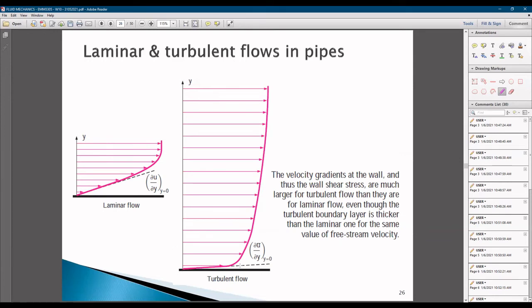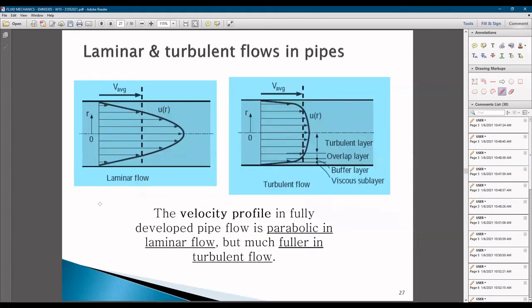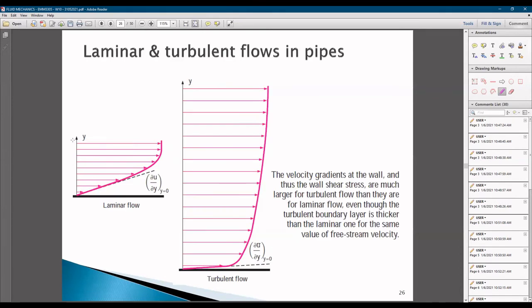Similarly down here, for turbulent flow, the shape is more flattened, because on this part there is a lot of shear stress. However, on this part, the shear stress is not present.